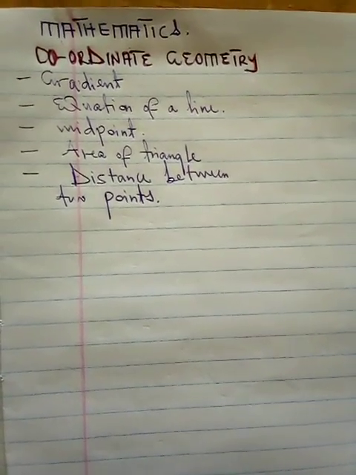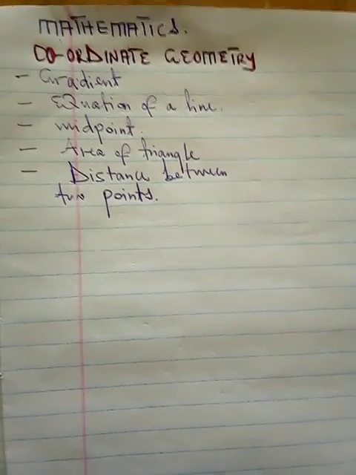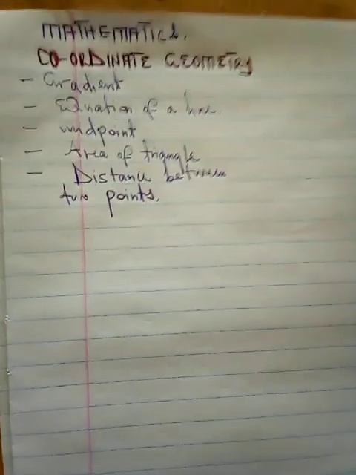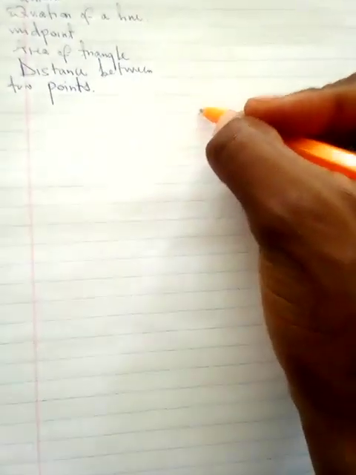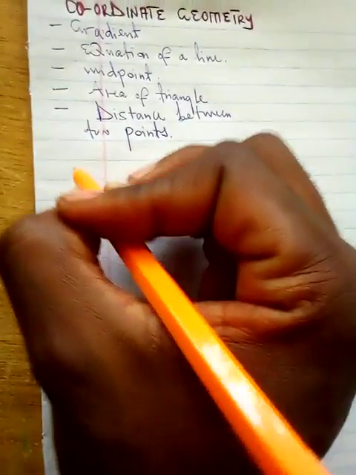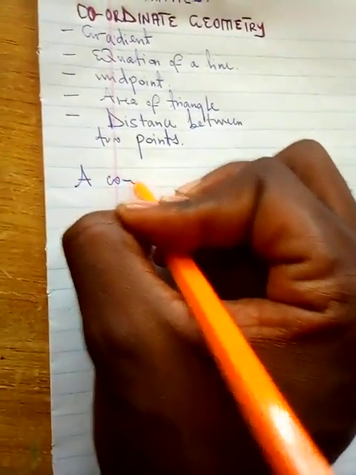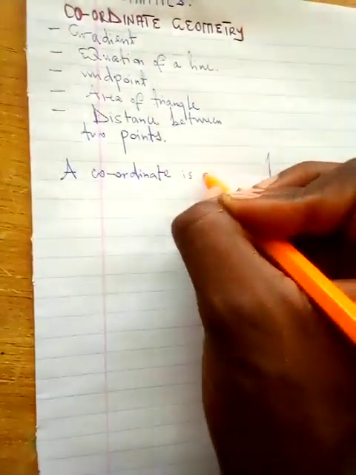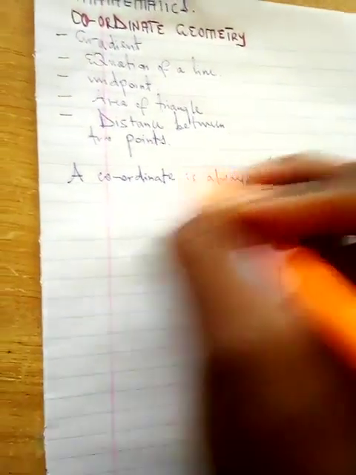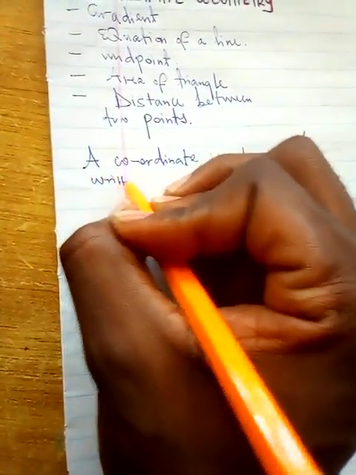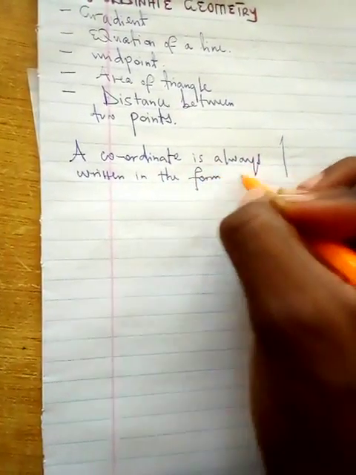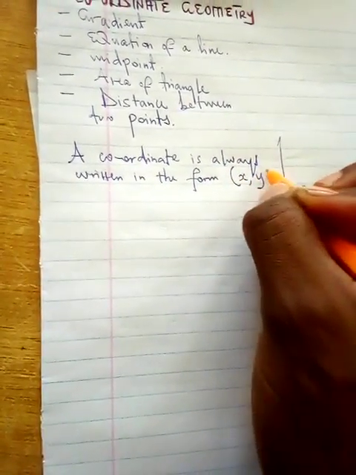Okay, so just as an introduction, I want you to understand that a coordinate is always written in the form x comma y.